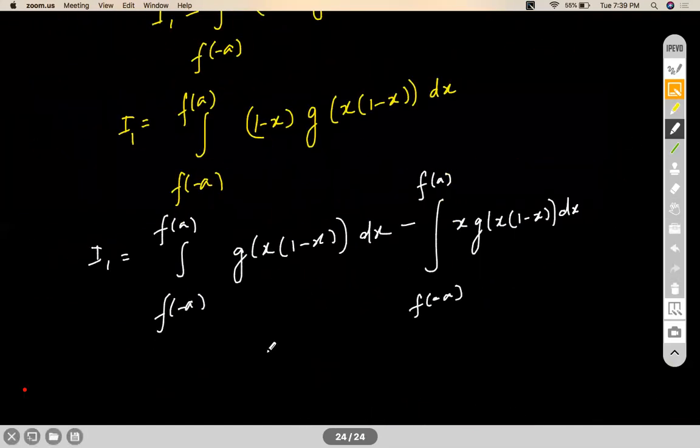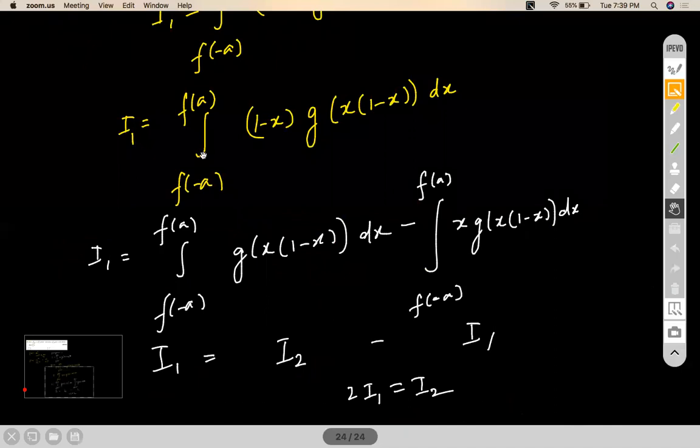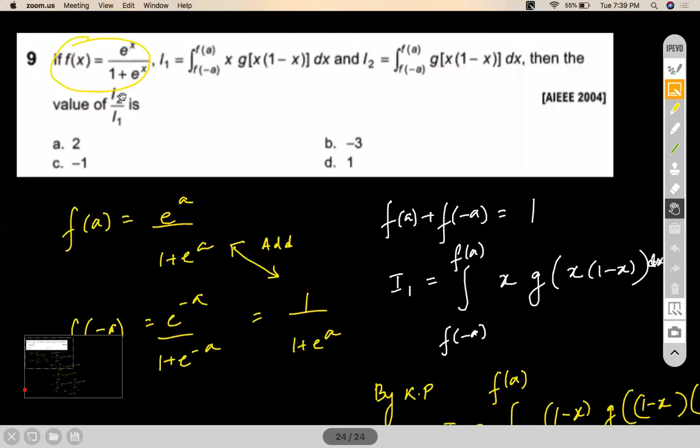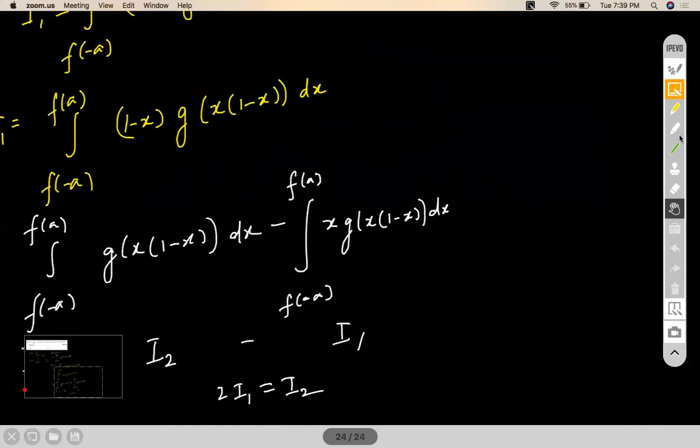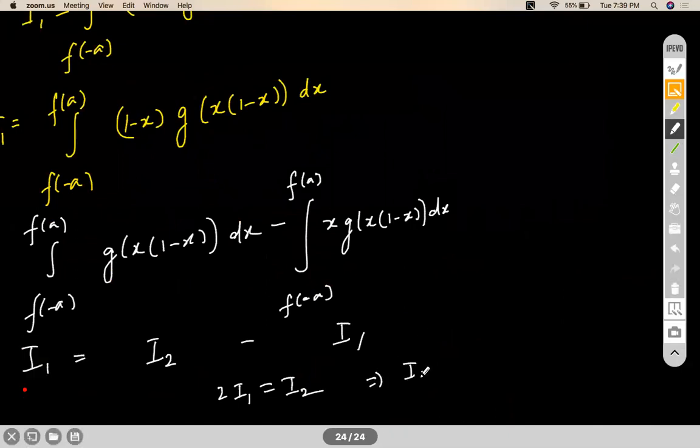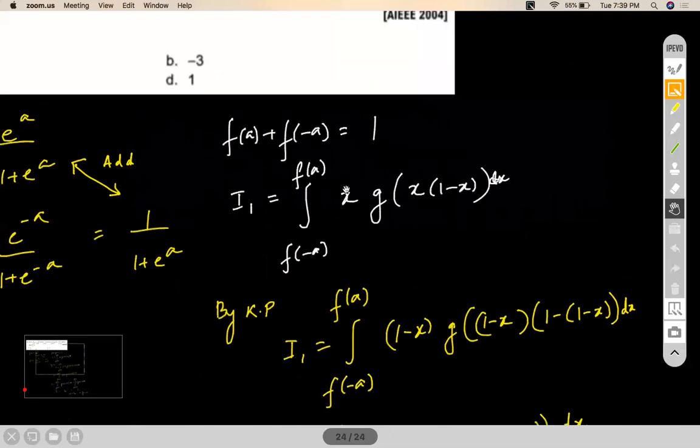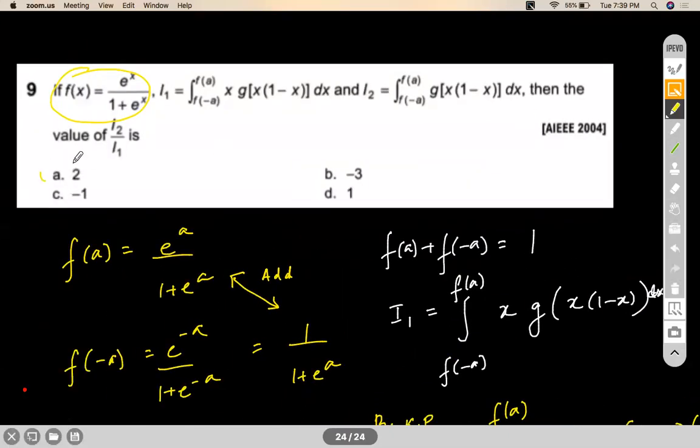So this is your I2 and this is your I1. So I1 is equal to I2 minus I1, which clearly means 2I1 is equal to I2. Now what do they desire? They desire me to give you I2 by I1. So I2 by I1 clearly from here will become a 2. So option number A will be correct. Of course, many people gave A also, but B also was given as the answer.